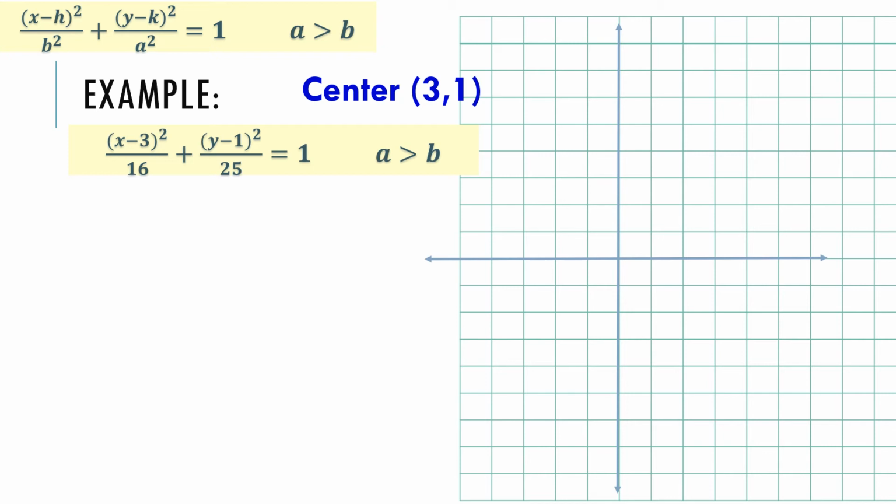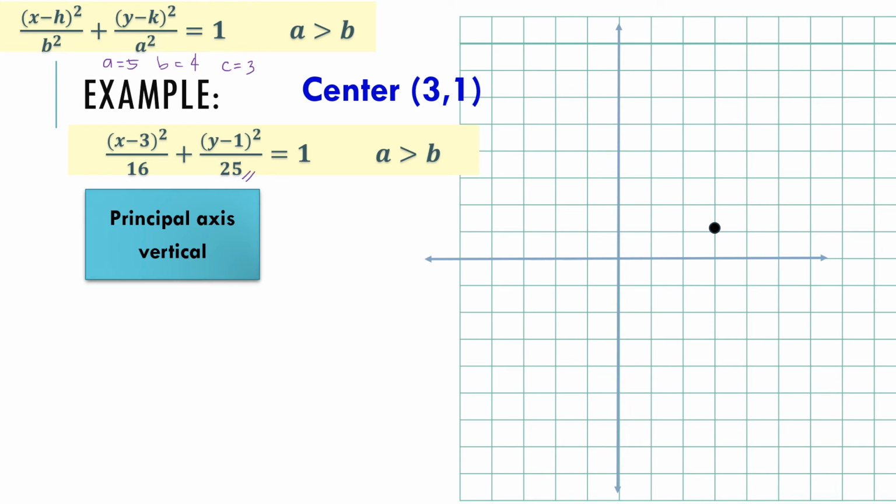Example, let us look at the properties and graph the ellipse given by (x minus 3) squared over 16 plus (y minus 1) squared over 25 equals 1. Again, our center is (3, 1). Let us identify a first. This is the same as earlier: a is 5, now with y. b is 4. c is 3.